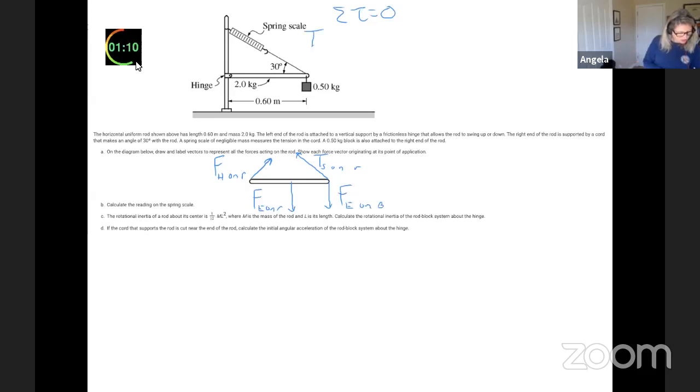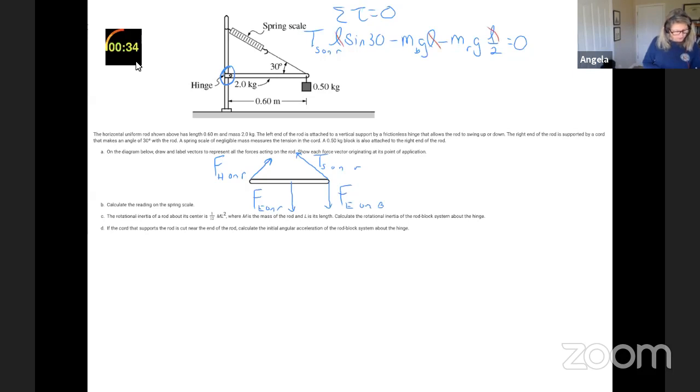So that's tension of the string on the rod times the length of the rod times the sine of 30, minus the mass of the block g times L, minus the mass of the rod g times L over 2, because the force of the earth is acting at the center of the rod, so that's only L over 2 from the axis of rotation. The axis of rotation is here at the hinge. Let's cancel those L's.